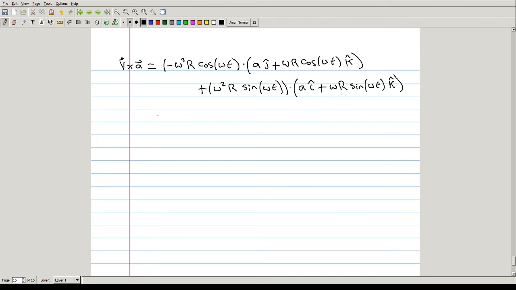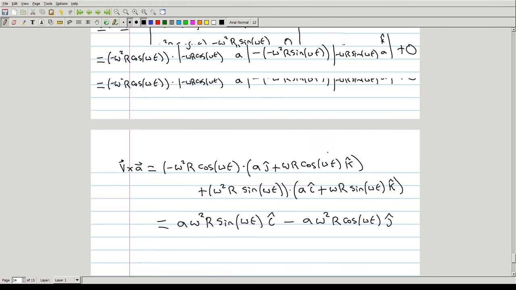And if we bring all these terms together, this becomes a times omega squared r sine of omega t times i hat minus a times omega squared r cosine of omega t j hat.